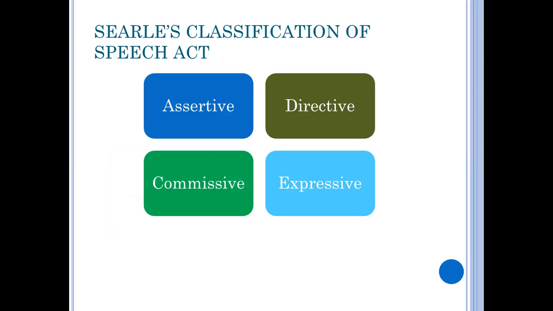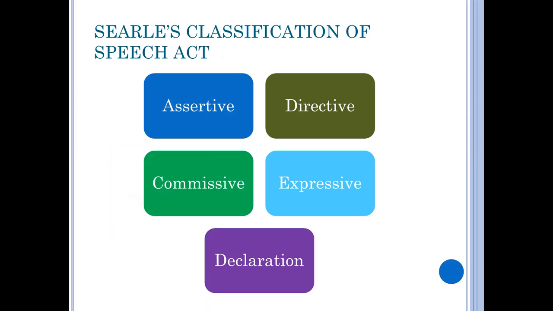Another classification that we have is declaration. Declaration is a type of illocutionary act which brings a change in the external situation. Simply put, declarations bring into existence or cause the state of affairs which they refer to. Some examples of declarations are blessing, firing, baptizing, bidding, passing a sentence, and excommunicating.